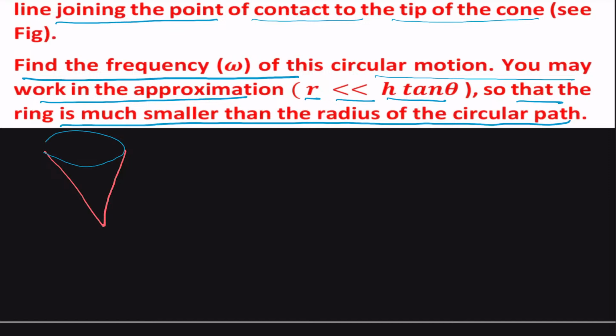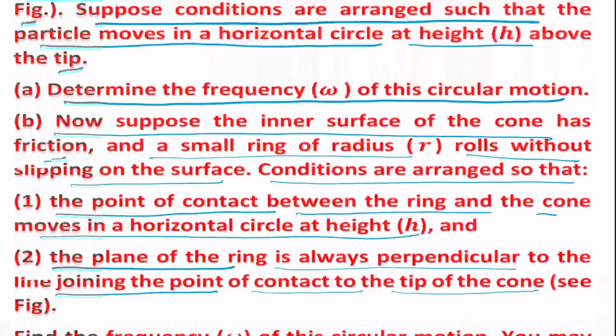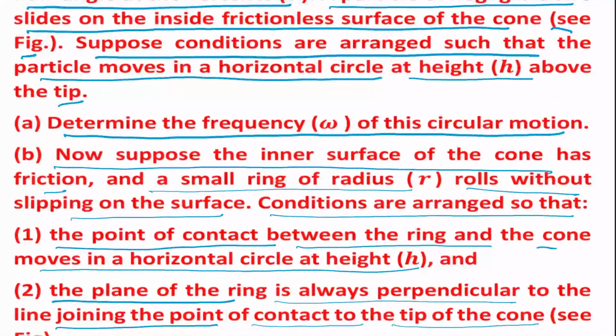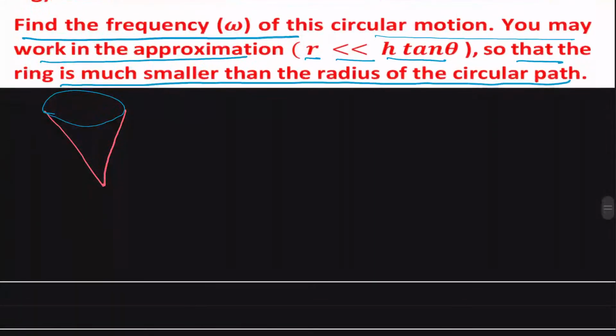So this is the base of the cone, and in the first case we are given a particle of negligible size. Okay, so we have a particle, suppose at this point, and it is moving in a circle.